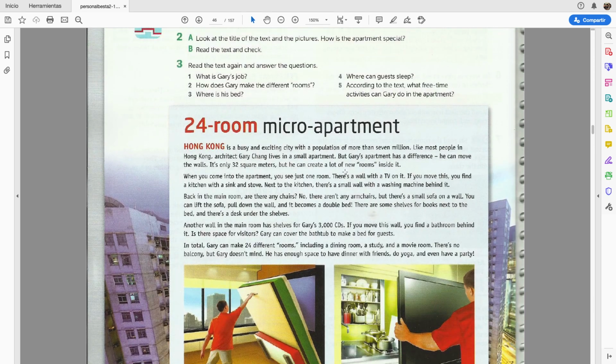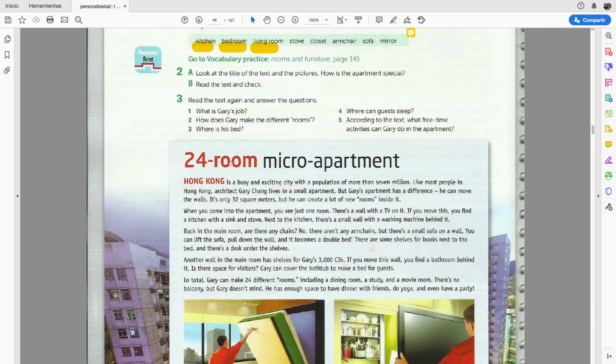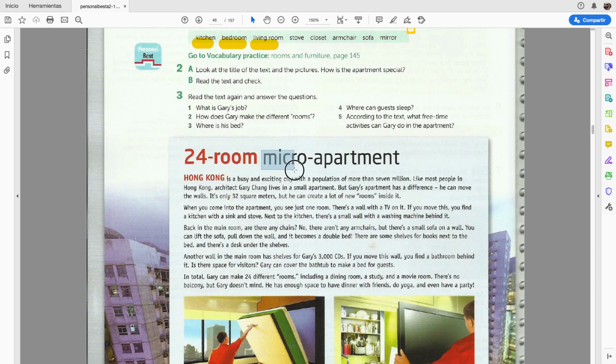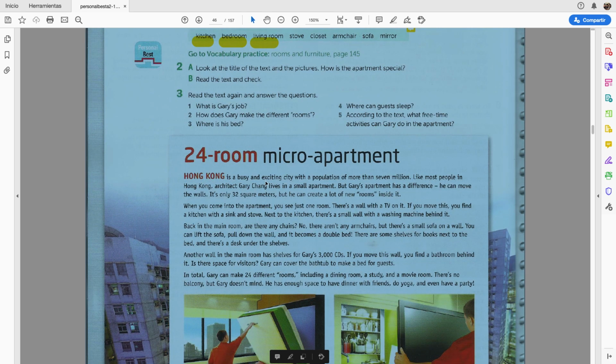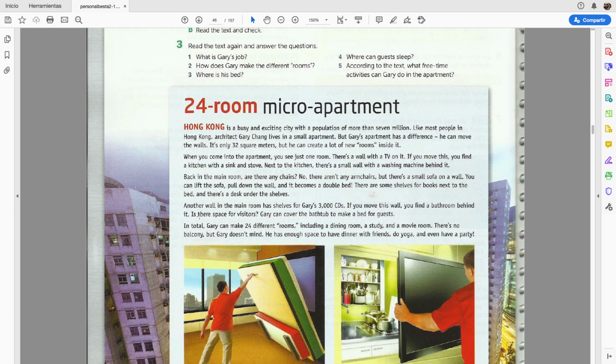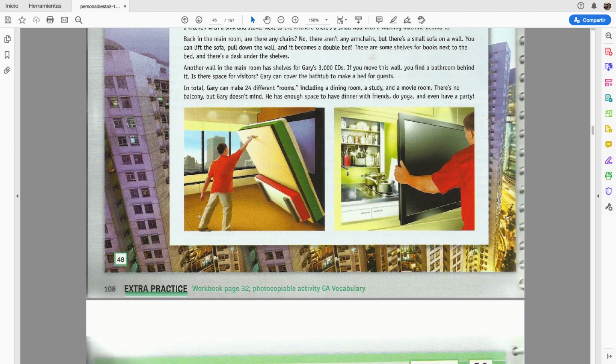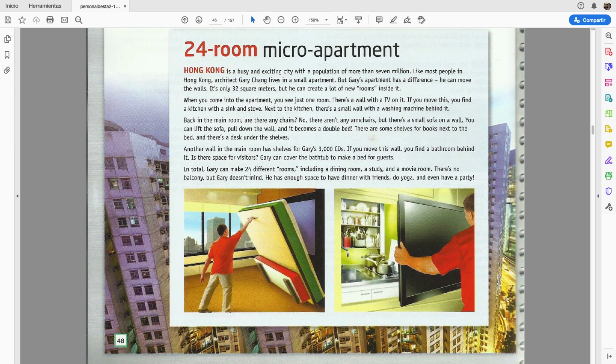So here we are going to read about a 24-room micro apartment. If we have the word micro, it's maybe because it's very small, right? So let's see what kind of information we find here in this text. I suppose this is a really micro apartment because look at this. This is like a special bed that some people use, especially when the apartment is very, very small.